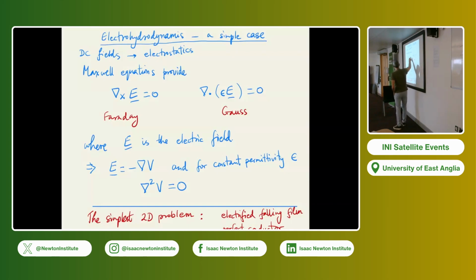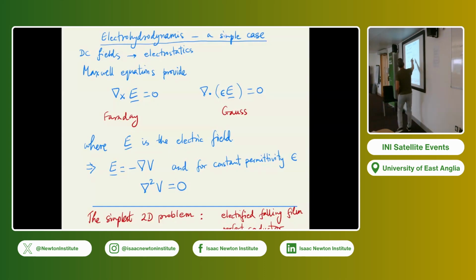If I take the Maxwell equations and take their electrostatic limit, then I have the Faraday law, the curl of the electric field is 0, and the Gauss law that says the divergence of epsilon times the electric field, where epsilon is the permittivity of the fluid in question, is 0.